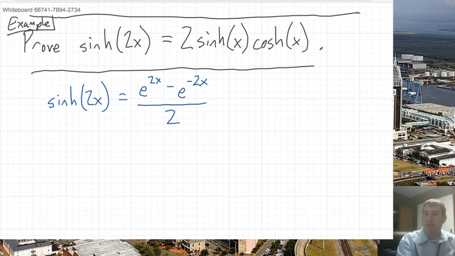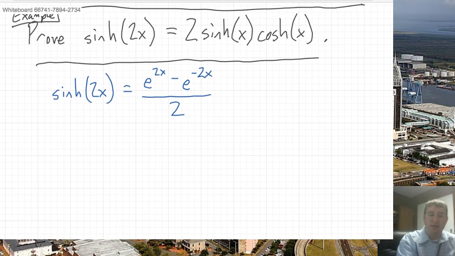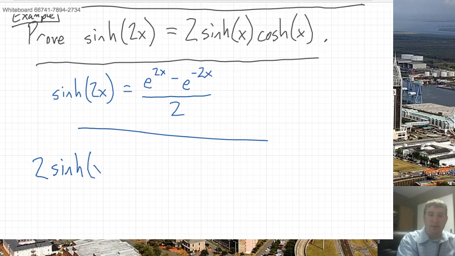So actually, I'm going to stop right there and take the right-hand side and see if I can simplify it a bit. So that's that. Now I'll take 2 sine hyperbolic x cosine hyperbolic x and write out its formulas.